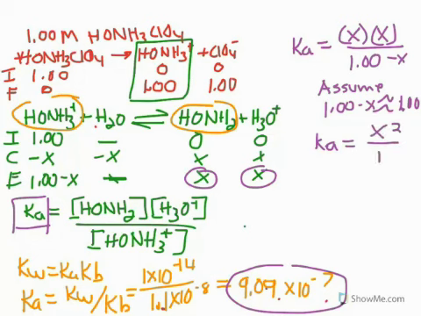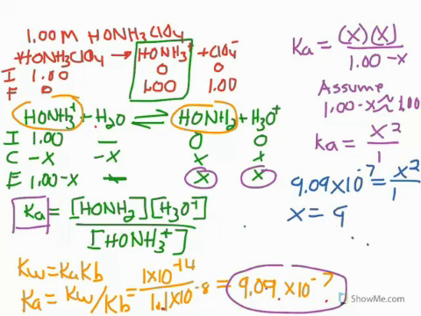I plug my values in: 9.09 times 10 to the minus 7th equals x squared over 1. So when I do my math, x equals the square root of 9.09 times 10 to the minus 7th, x equals 9.53 times 10 to the minus 4.